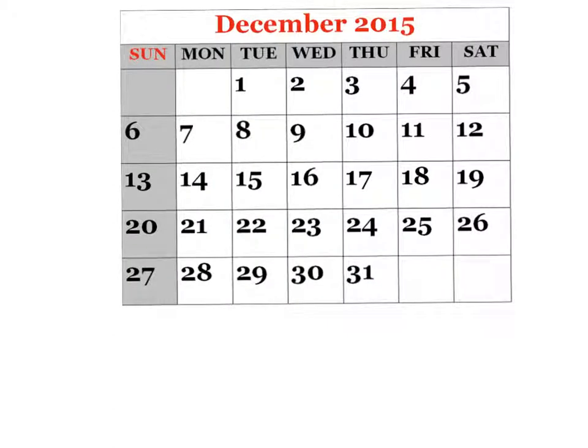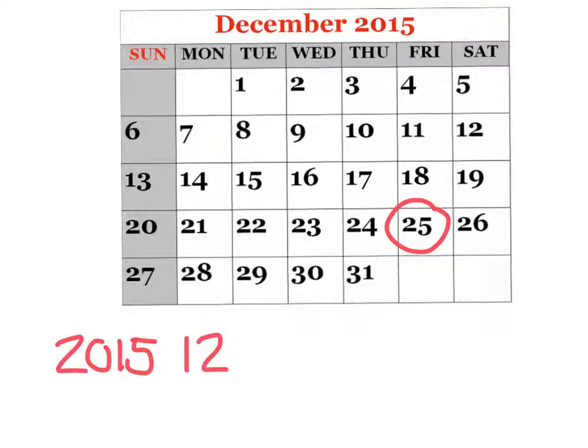Let's take another look here. Here's a month that everybody loves, December. So December 2015. If I were to choose a date here, maybe the 25th of December, I would write this date out as 2015, 12, because December is the 12th month, 25, the 25th day.